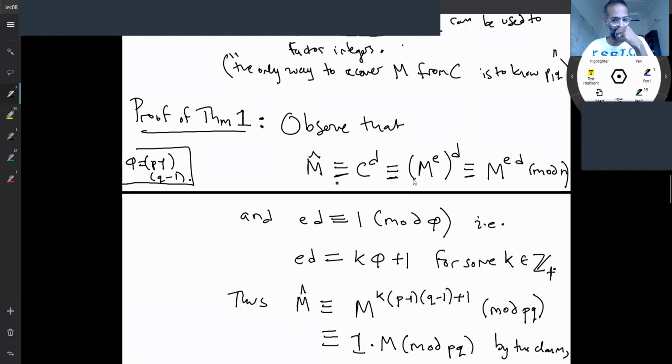And then e is from a positive set. Good, great argument. Your argument is, well, you chose e and d to be positive. Phi is also positive, and phi is actually big, right? So if k was negative, then the right hand side would be negative. So you can choose k to be positive. Thank you. That's a good argument.